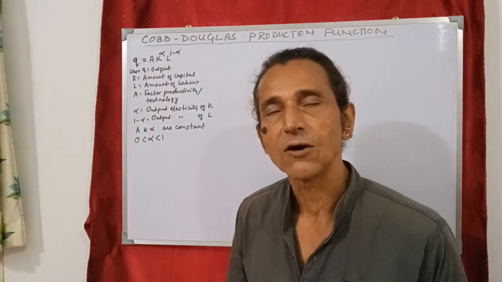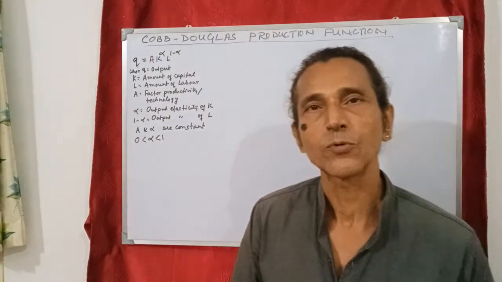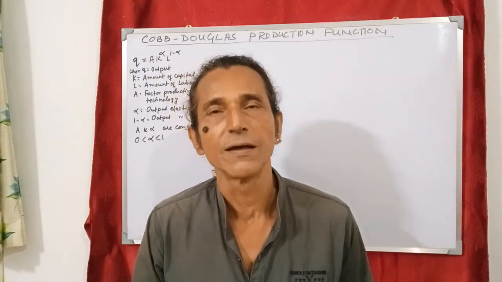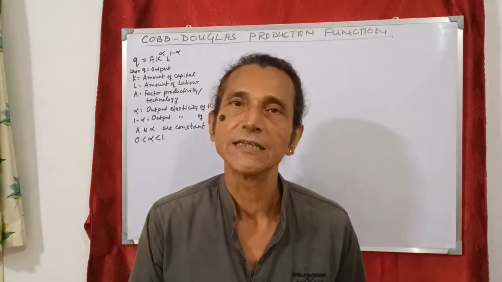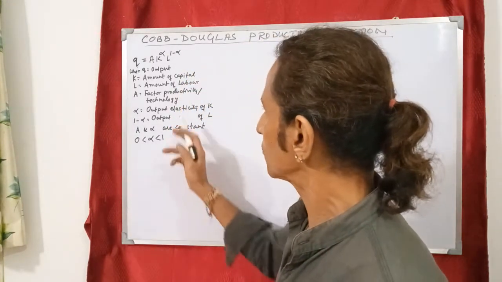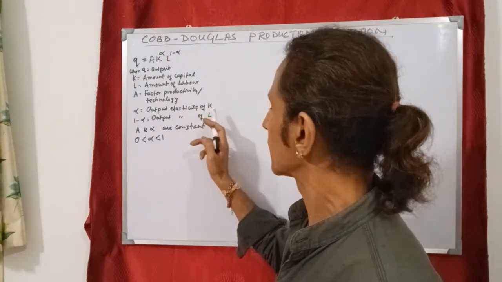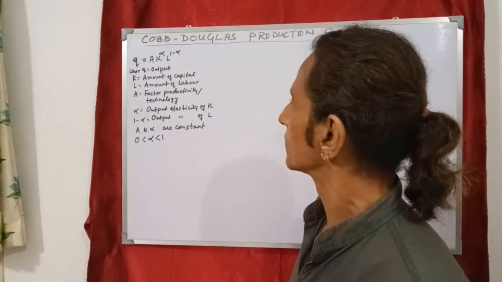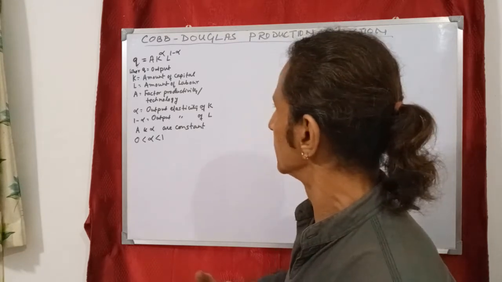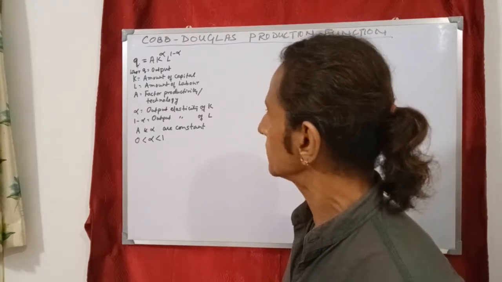Output elasticity of a factor means the proportionate change in quantity of output as a result of a proportionate change in the factor. So output elasticity of capital means how much the quantity of output changes in response to change in capital.